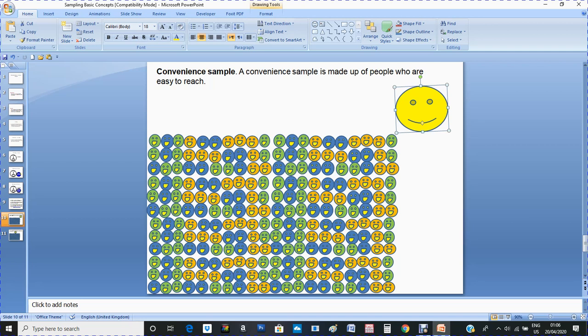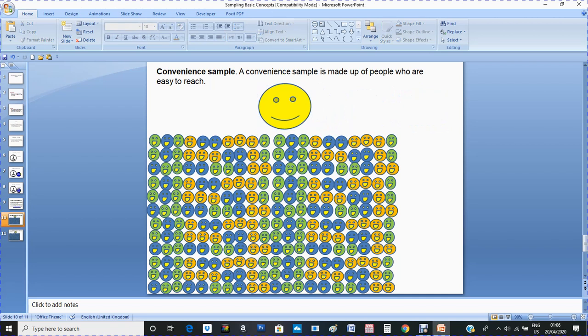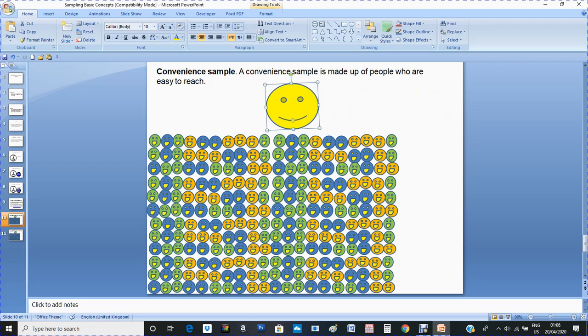So he wants to select a sample from this big population. With convenience, he will select the happy faces which are very close to him. So he needs, let's say, 12 happy faces, so he's going to select those 12.